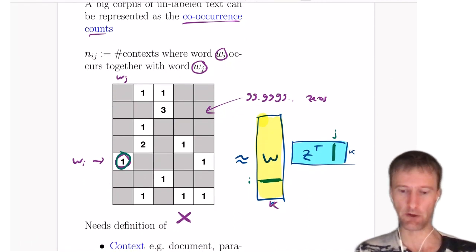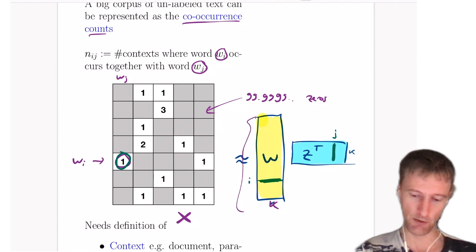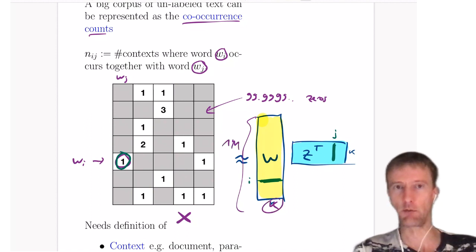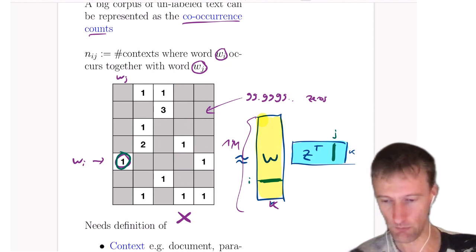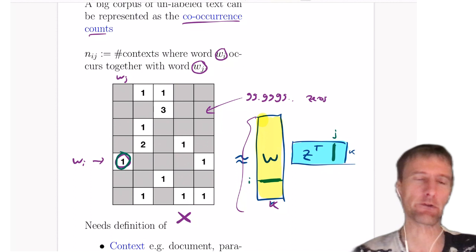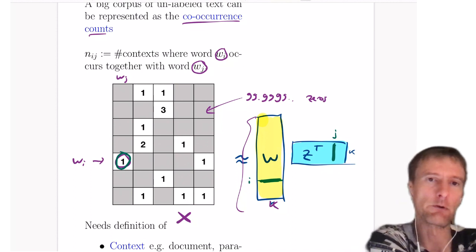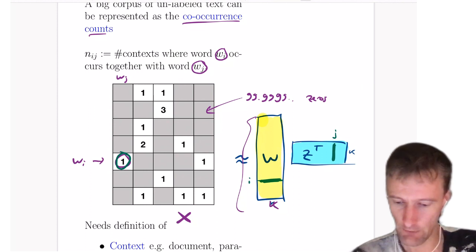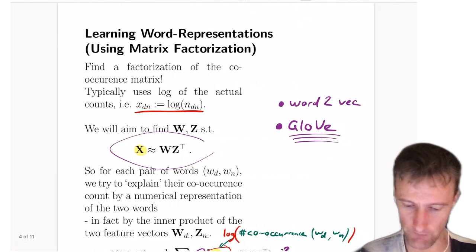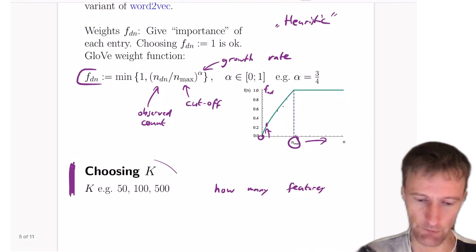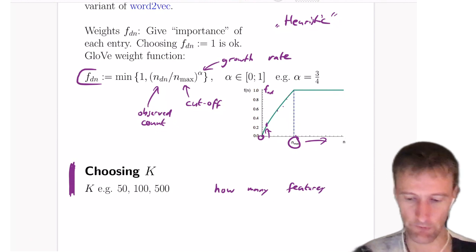It's a K matrix times the size of the vocabulary. This is easily 1 million, and the K maybe is 100 or so. Also in modern NLP applications, the dimension of these vectors is up to 700, 1,000. So this W matrix can be quite big, it can go into the gigabytes easily. That is also going to influence your decision on how big you want to choose this K.